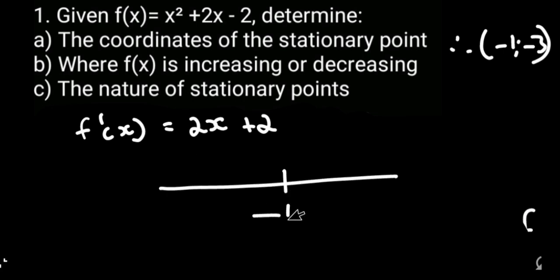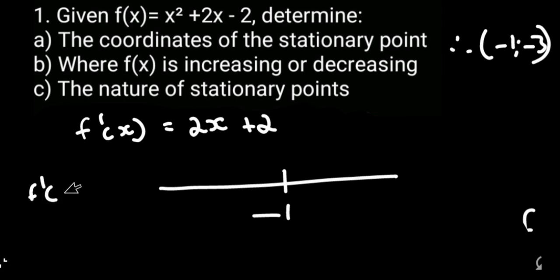You check from the left of the x coordinate of the stationary point whether the first derivative is positive or negative. The values to the left of the x coordinate are -2, -3, and you can substitute any of them into the first derivative.